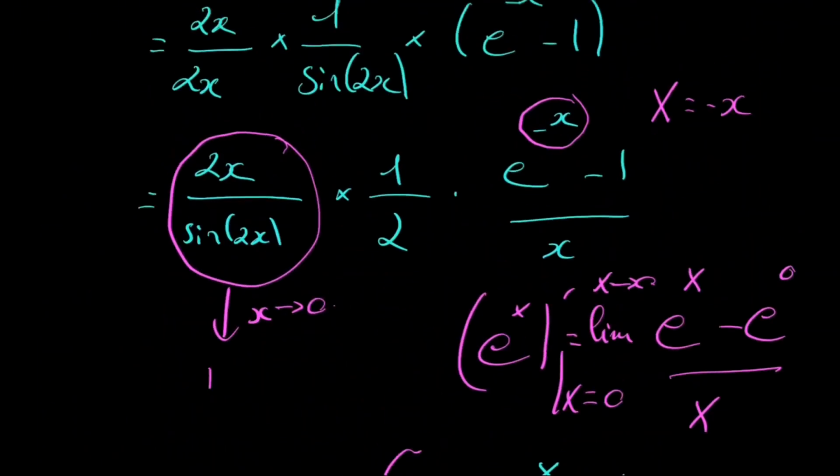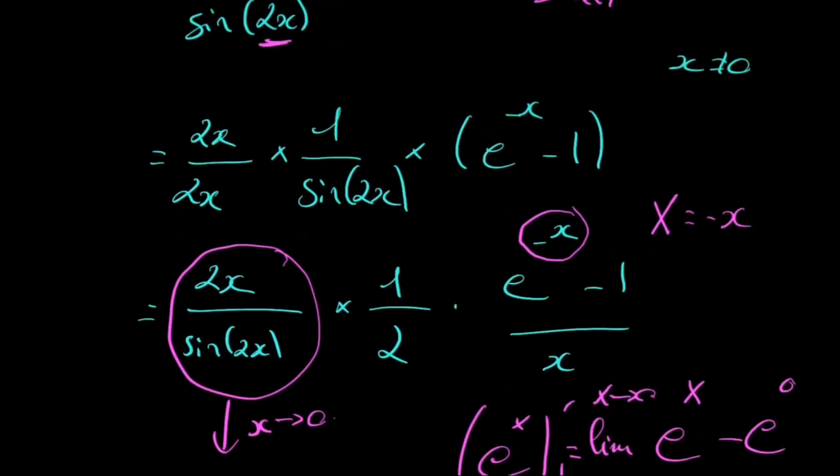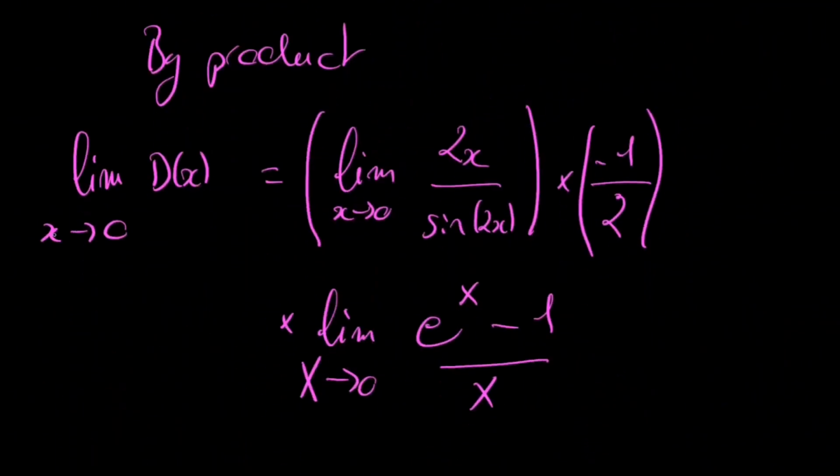Because capital X is equal to minus x. So when minus x tends to 0, it implies capital X tends to 0 as well. So when little x tends to 0 means capital X tends to 0.